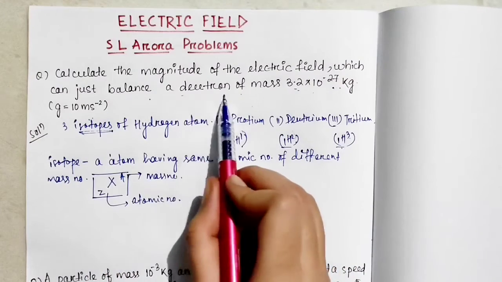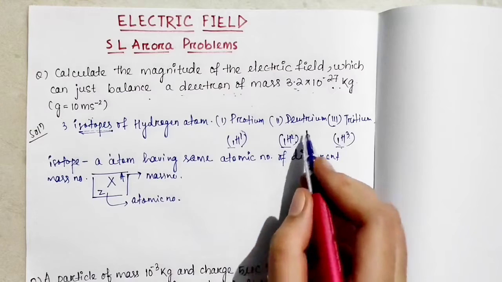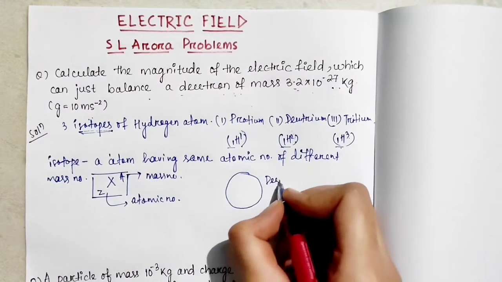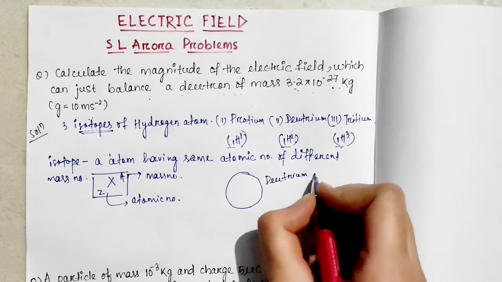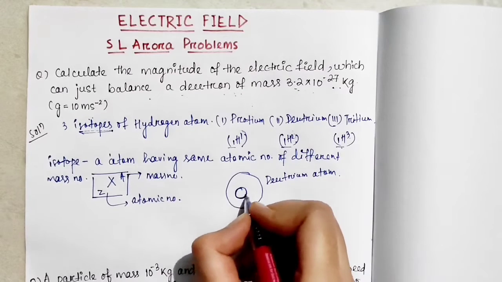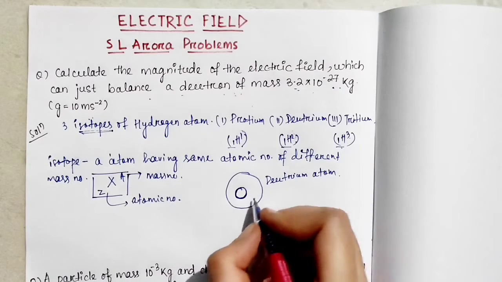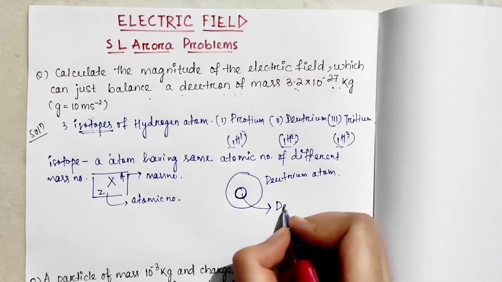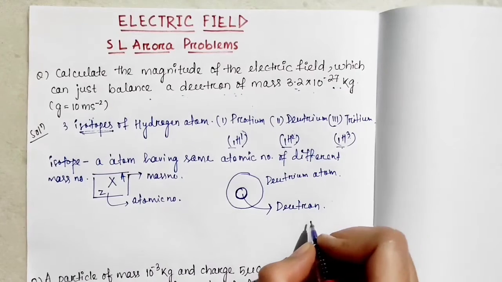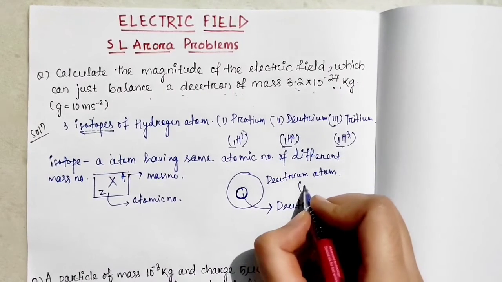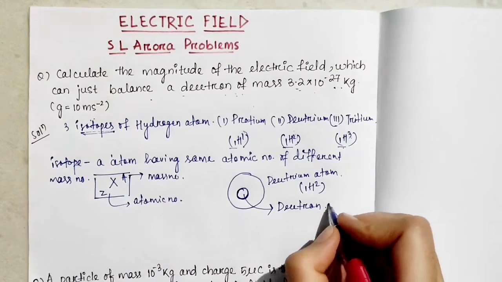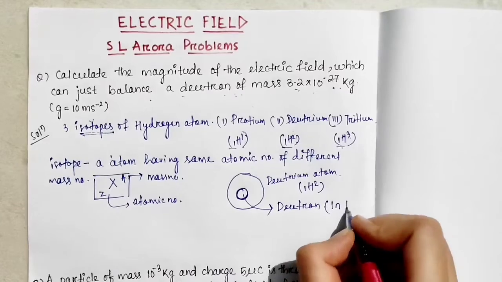But the thing is deuteron. So what is a deuteron? If we consider the deuterium atom, the nucleus of the deuterium atom is called a deuteron. The deuterium atom, which has the symbol 1H2, has 1 neutron and 1 proton.